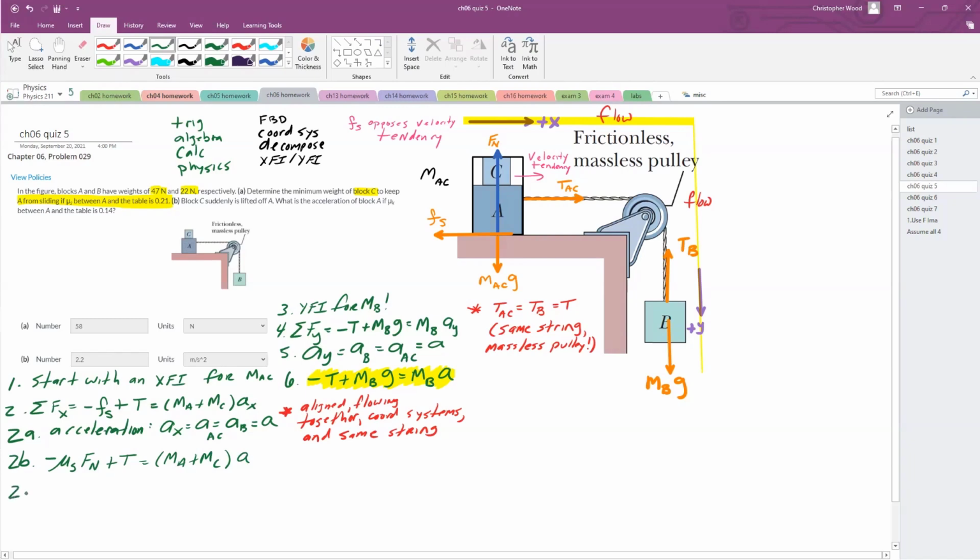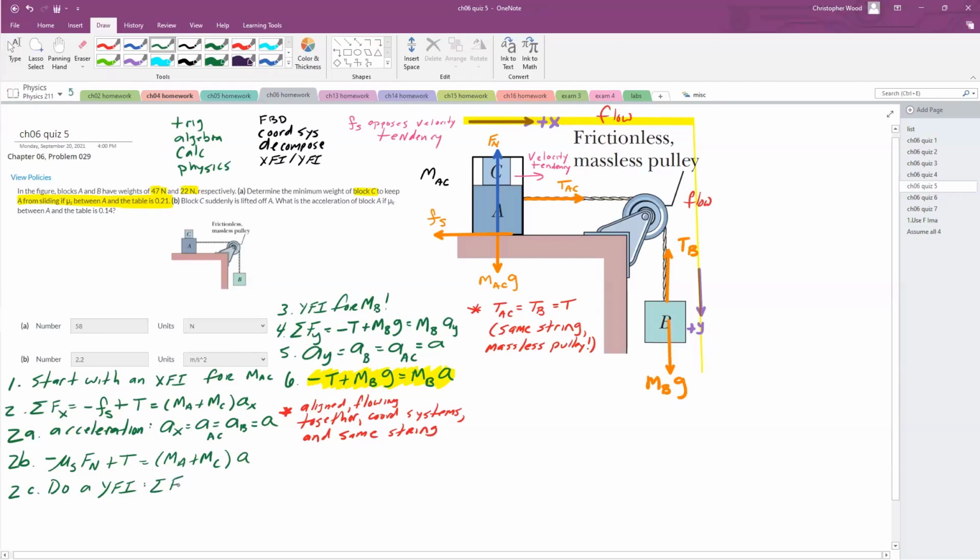And now 2C is do a Y force inventory to find F sub N. And you know what F sub N is equal to, but we're going to go through the steps anyway, because sometimes it won't be so easy to identify.